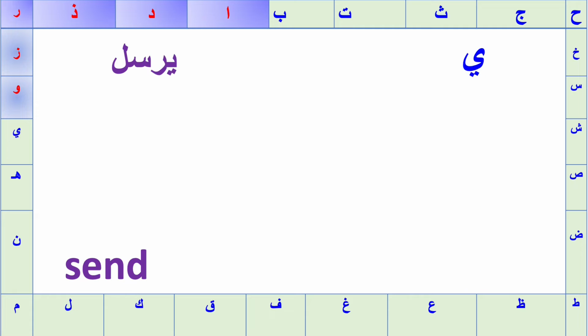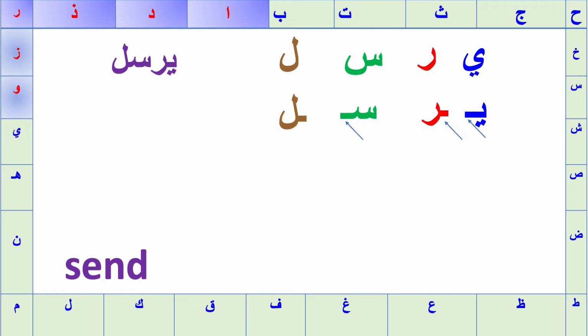The component letters are Ya, Ra, Sin, Lam. The Ya will extend to the left, the Ra will extend to the right, so they connect with one another. Then the Sin will extend to the left so that it can join the Lam.